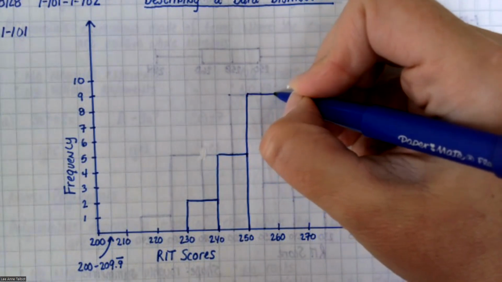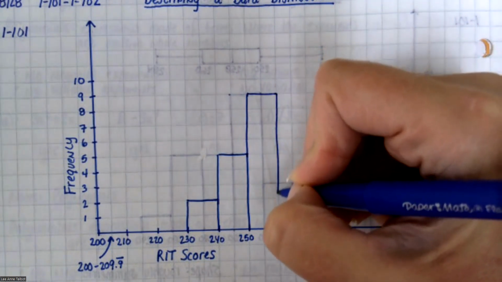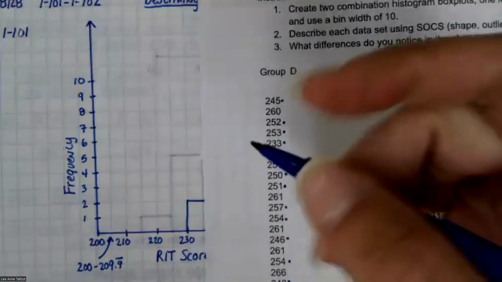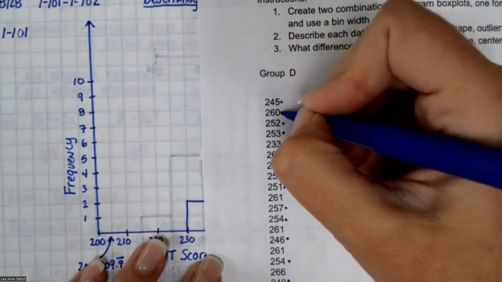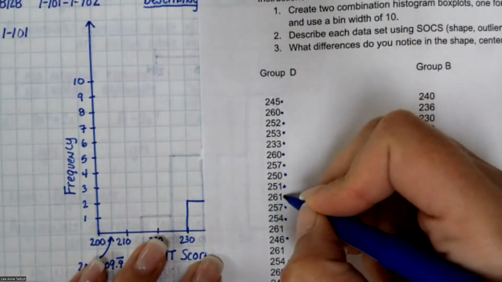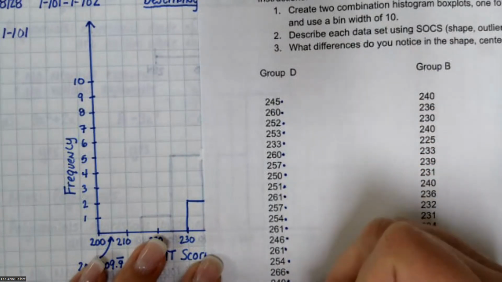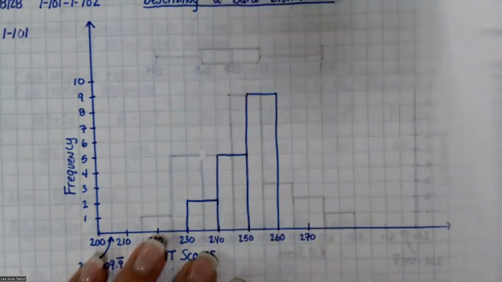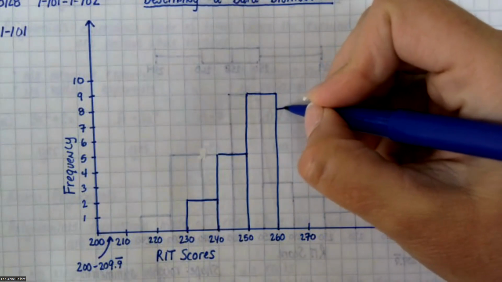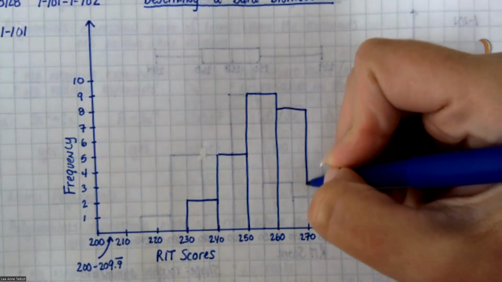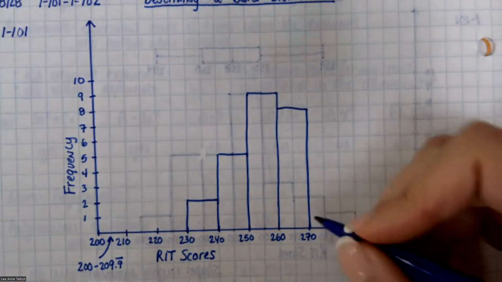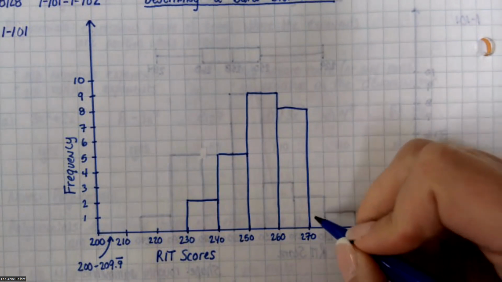Did you guys get 9? Okay. 260s. 1, 2, 3, 4, 5, 6, 7, 8. And then what?